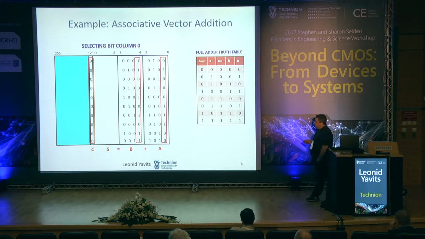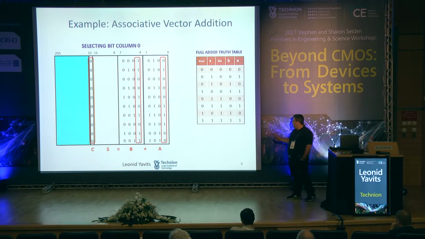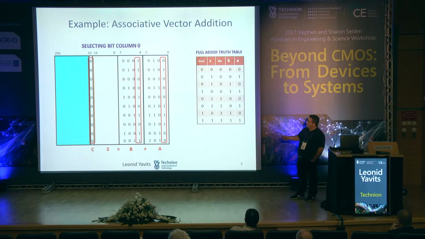As I said, bit serial. So we will first mark bit 0 of vector A, bit 0 of vector B, and carry in, which is reset in the beginning. And we will simply go over this truth table, comparing all the combinations to the entire data. So wherever this specific combination 0, 0, 0 is found, we mark those rows, or we tag them, rather.